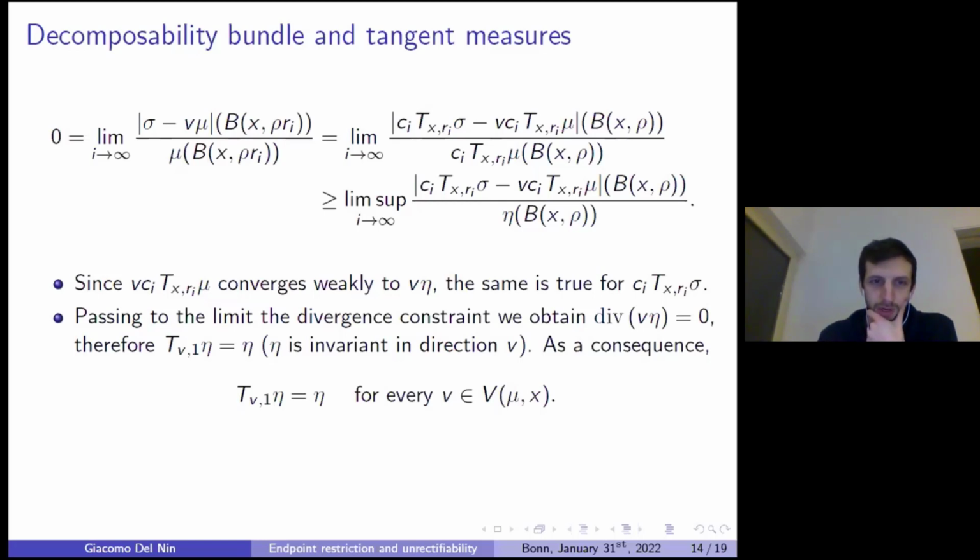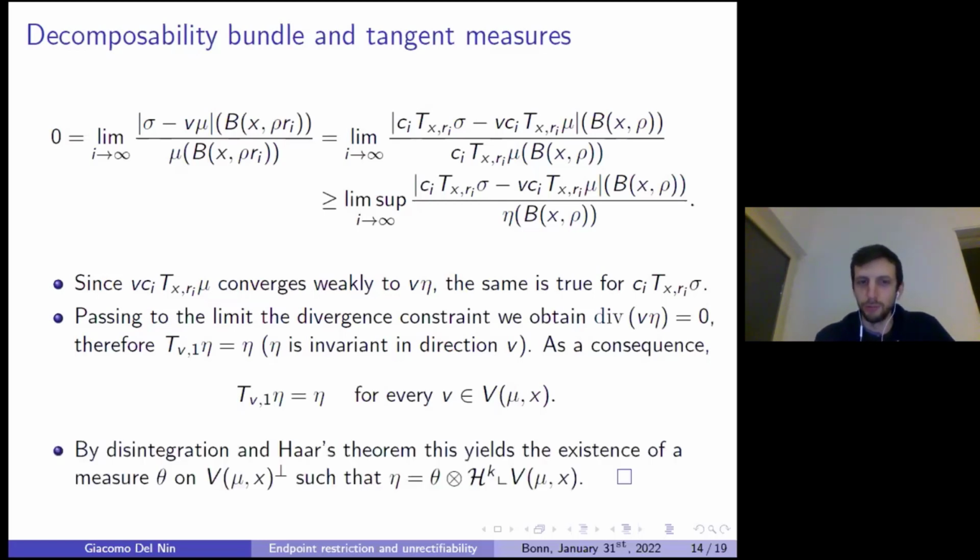Now this holds for every direction v in the decomposability bundle, so we obtain that the tangent measure eta is invariant along all the directions of the decomposability bundle, and then we can conclude by disintegration and Hausdorff's theorem. So we obtain that any tangent measure eta is the tensor product of the flat measure on the decomposability bundle times some other measure.